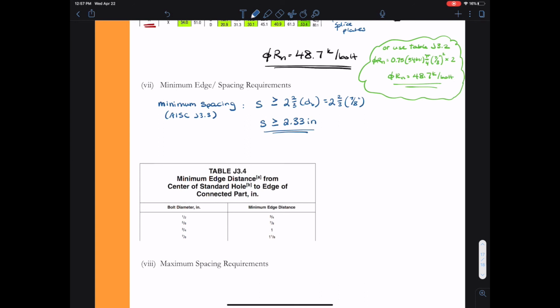If I return to the connection drawing, I see that in the longitudinal direction, my longitudinal spacing is 3 inches. So I have an S of 3 inches, and my gauge spacing across the width of the connection is 4 inches.